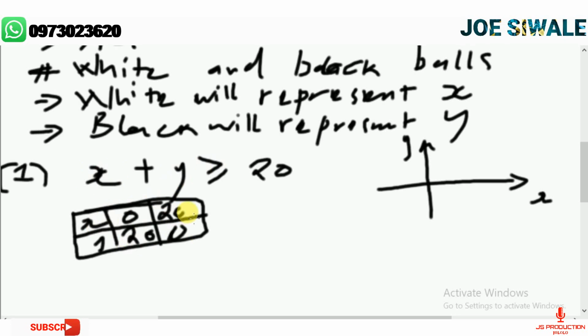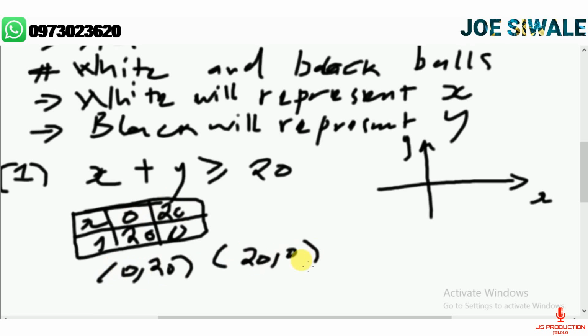So if I'm told to draw this inequality on the graph and shade the unwanted region so that I can show the wanted region, I'll draw it in this form. Since I know that the first coordinate is 0,20, the second coordinate is 20,0.